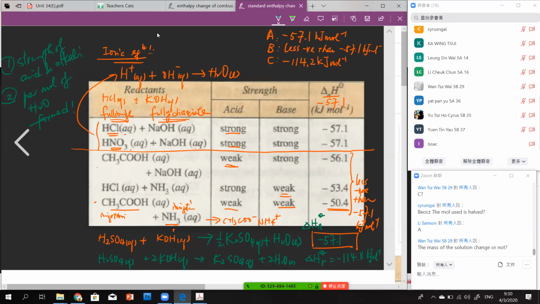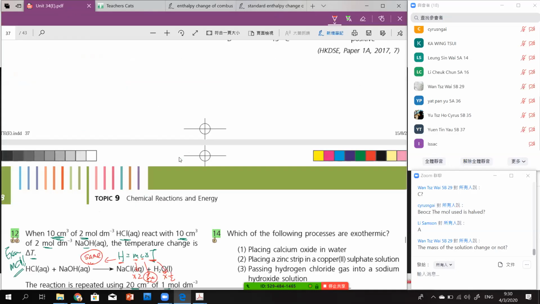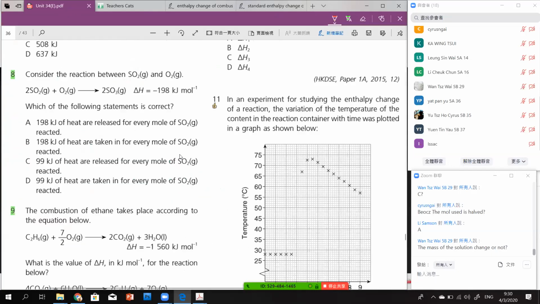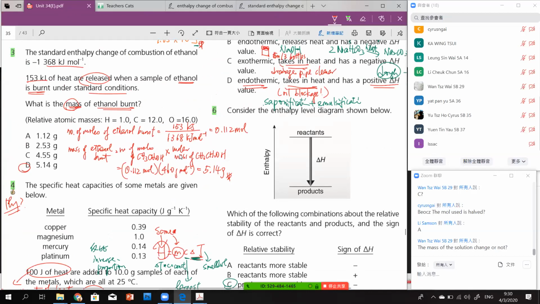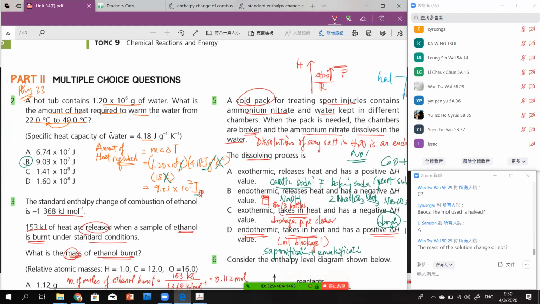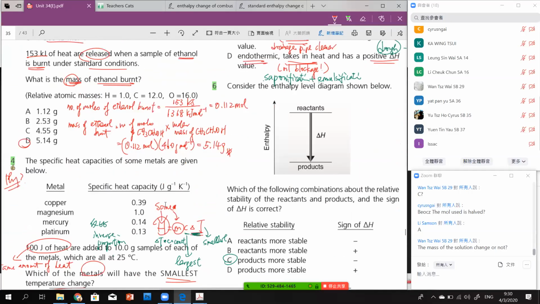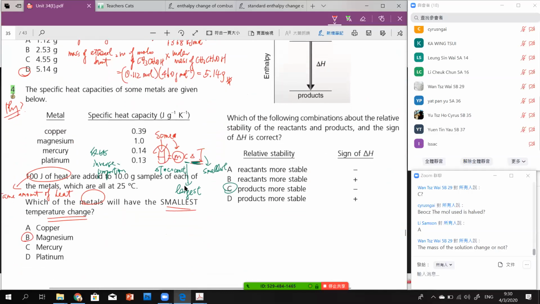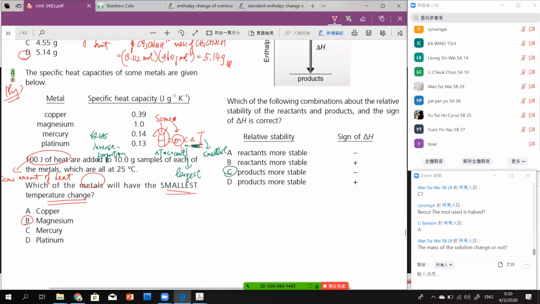Because of this, I would go to the question here, to come up with the relationship MC delta T. To consolidate, you have to calculate MC delta T. You have to get to know the concept of MC delta T here. Can you see that? Then you will know the relationship between the two. Sometimes I will keep some of the parameters the same, and I ask you what is the change of the others.